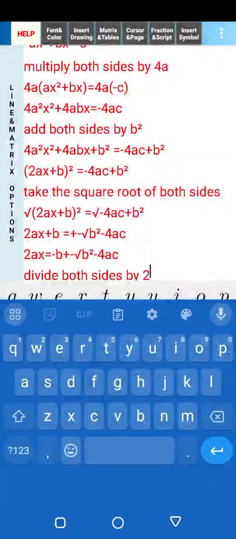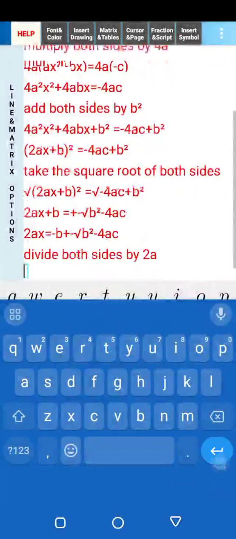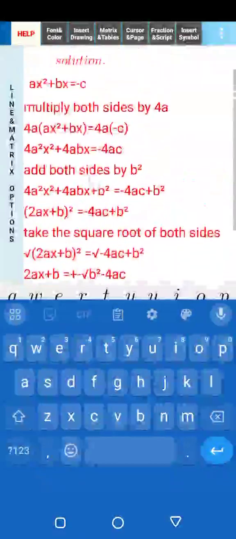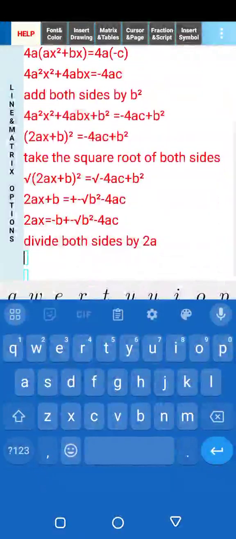Okay, observe the step very well. It is not that difficult, but I'm just breaking it down for you in order to understand it. You see, it is just simple. Divide both sides by 2a.